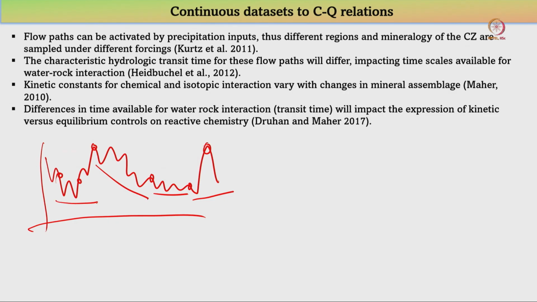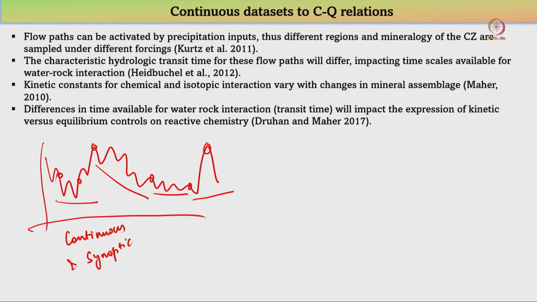So, this is the difference between continuous and synoptic sampling. For rivers, if you want to study it really well, then it might be necessary to have one particular location where you are continuously recording the data.